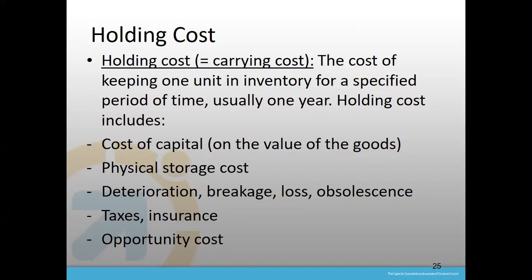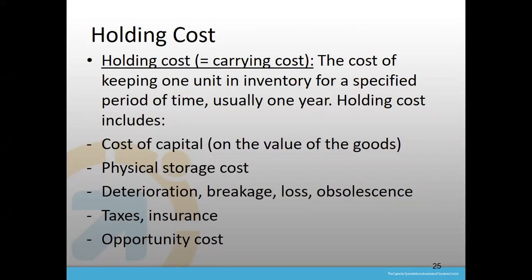Then we have obsolescence. Obsolescence means we have goods in stock, and maybe we bought a lot because we got a very special price. But now, this model chair is so outdated, nobody wants to buy it anymore. I had a customer, he's a supplier into the car industry, and they made some plastic parts for one particular kind of car.